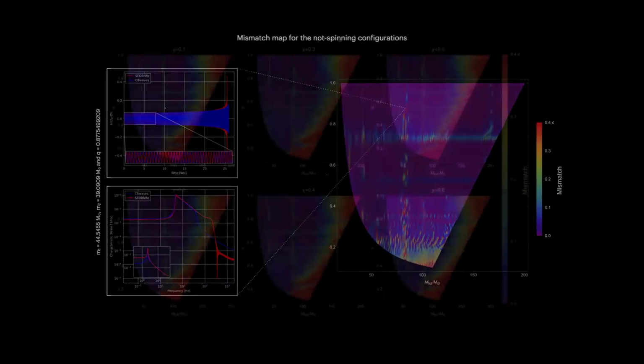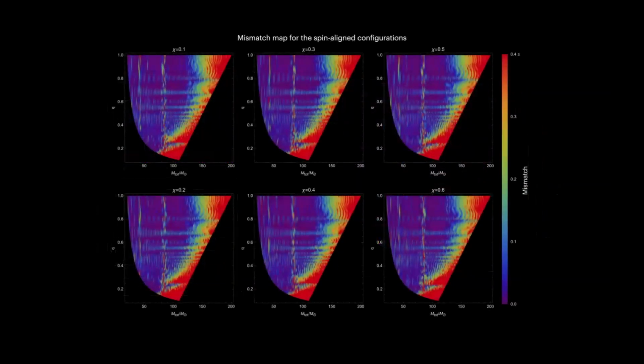We did something similar for the spins in two different scenarios, when the spins are aligned or unaligned. Aligned spins means the spins throughout the full evolution stay perpendicular to the orbital plane. So in this case, there shouldn't be spin precession, and the orbital plane also stays the same.